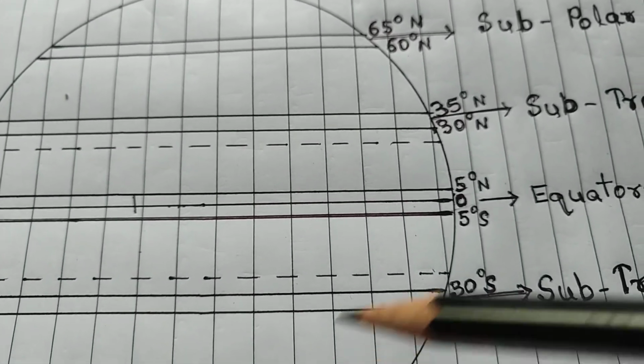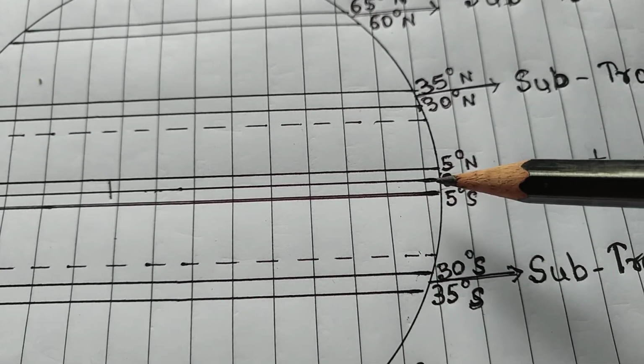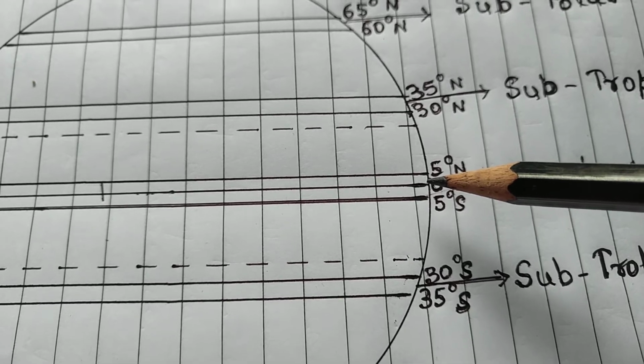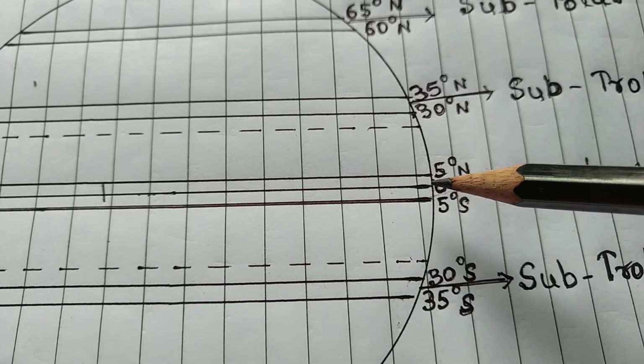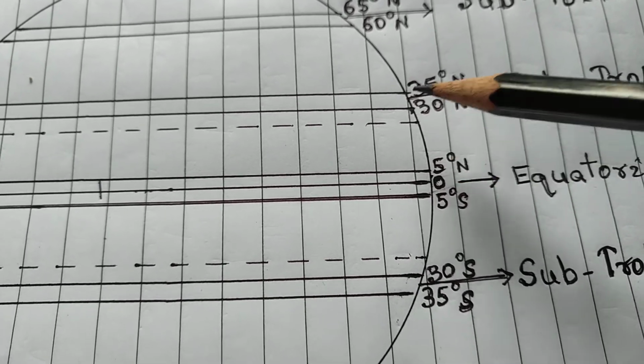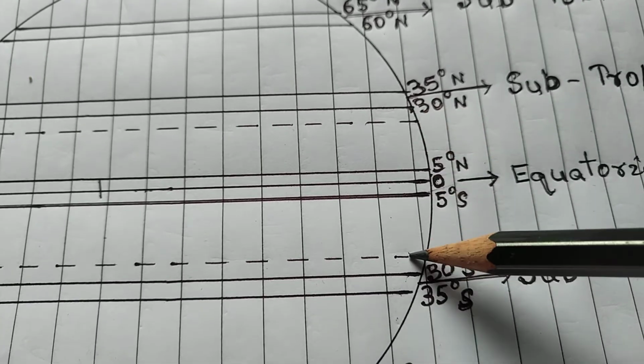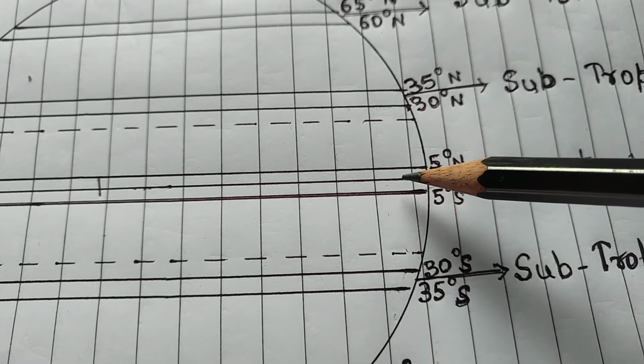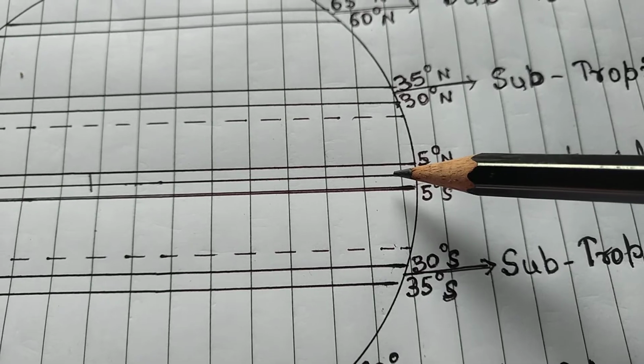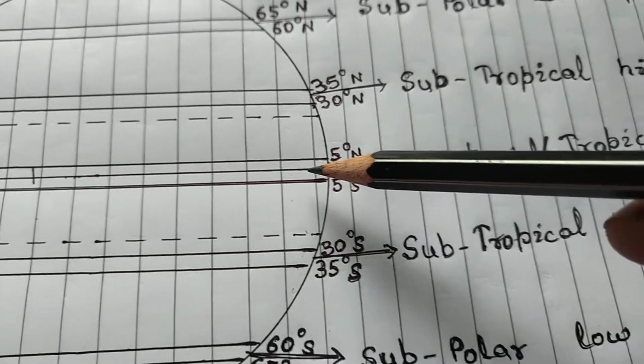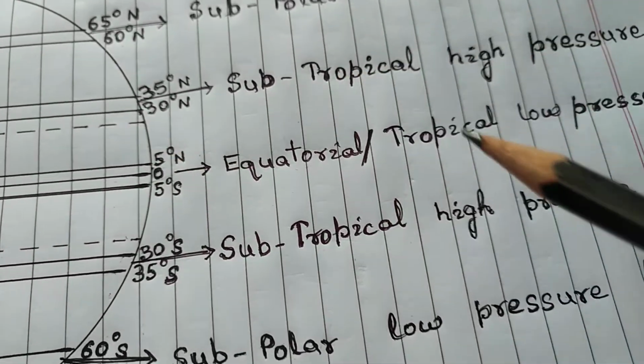Now, tell me one thing. Near the equator, is the temperature very high or very low? I think everyone knows that between the tropics, the temperature is very high. If the temperature is very high, then the pressure will be low.